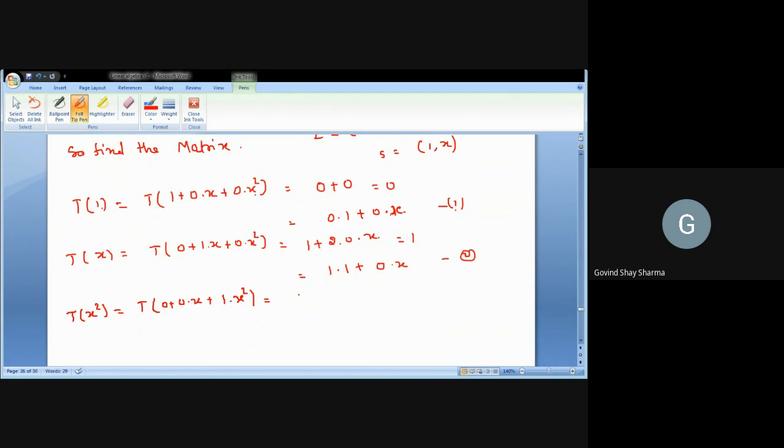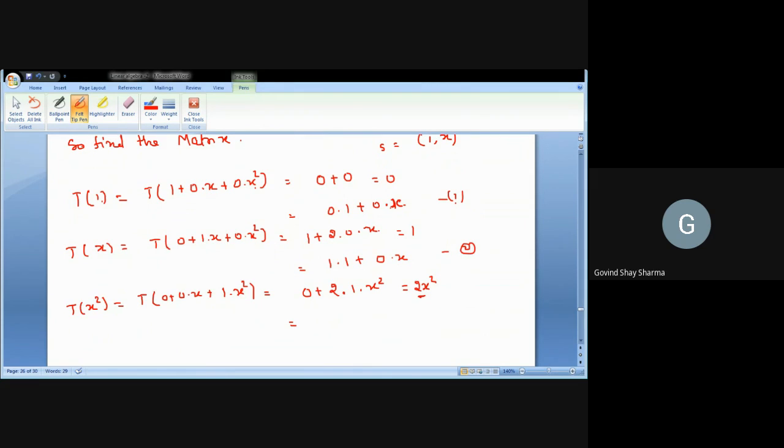This will give us b is equal to 0 and c is equal to 1 here, and the derivative of x square is equal to 2x, sorry, 2bx.